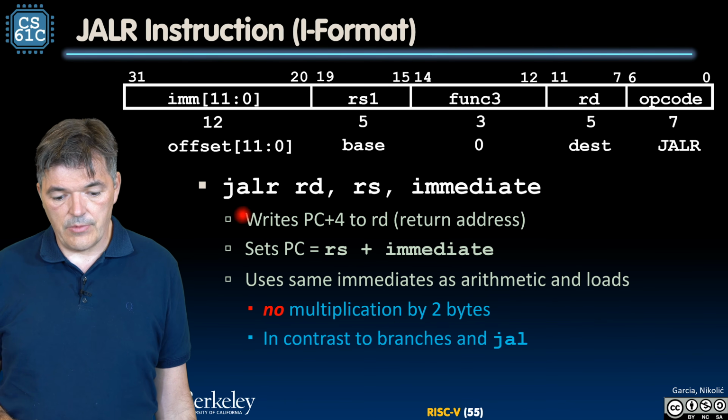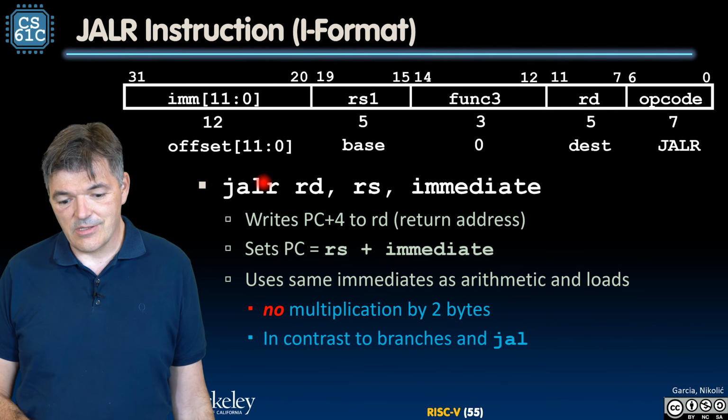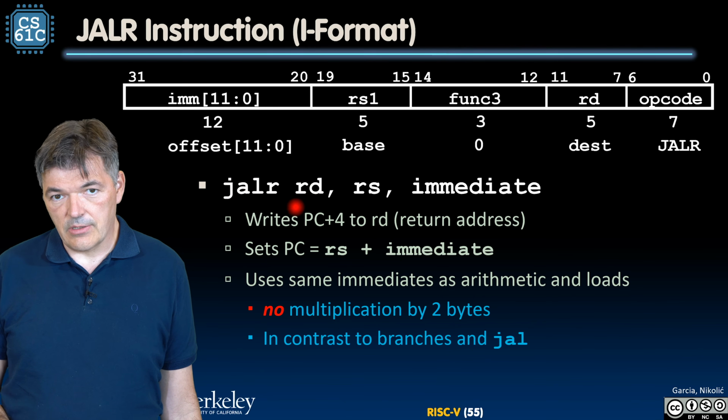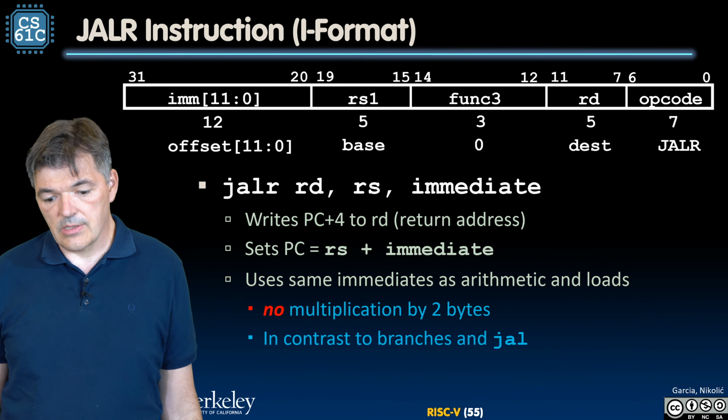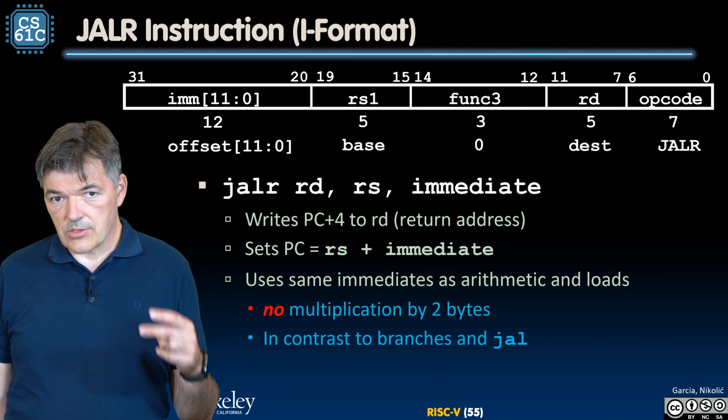So we have seen that instruction, but haven't studied it in detail, so here it is in detail. It is Jalr register, specifying the destination and the source register, and the immediate value, where immediate is a 12-bit value. So it again does two things.